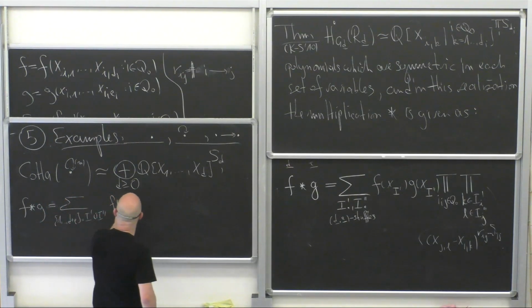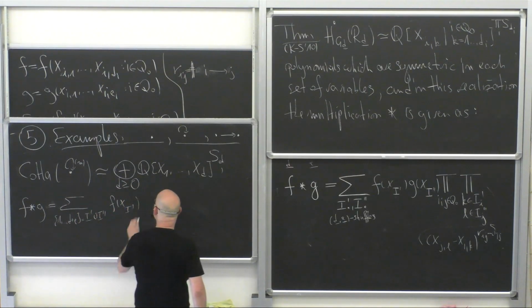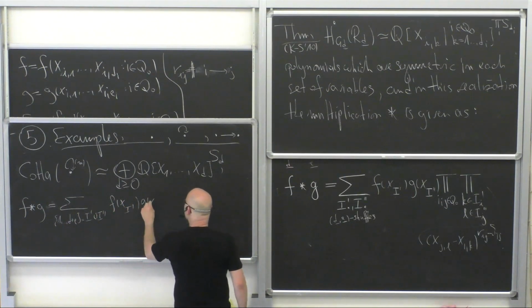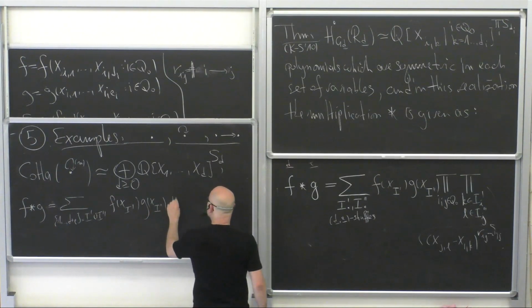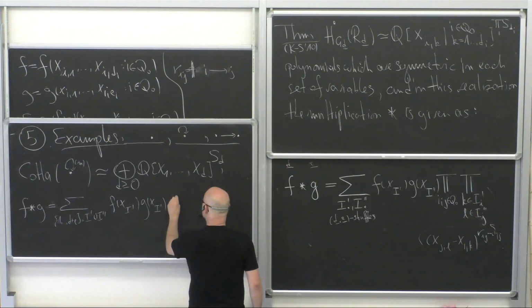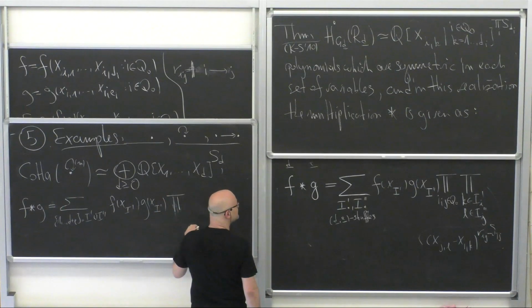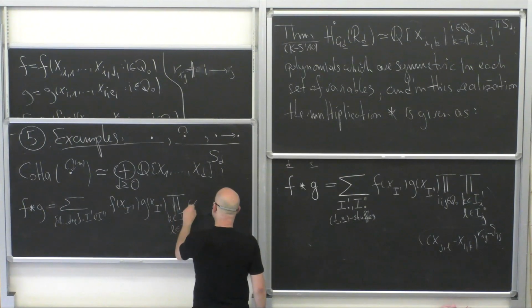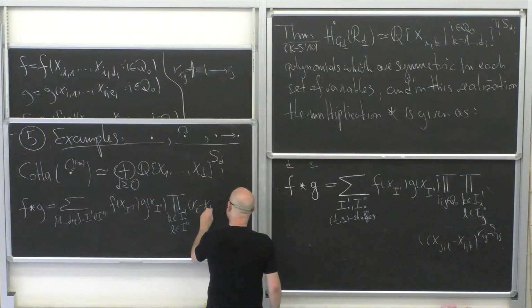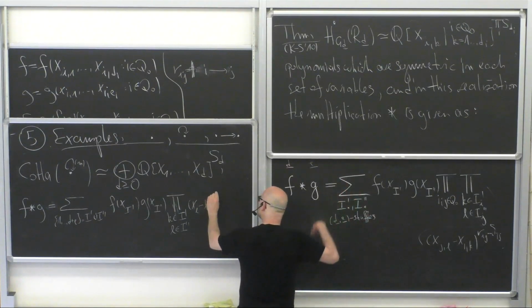I plug in the x_i prime variables in f. I plug in the x_i double prime variables in g, and as the kernel, I just have the product over all k in I prime, l in I double prime, of x_l minus x_k to the power m minus 1.